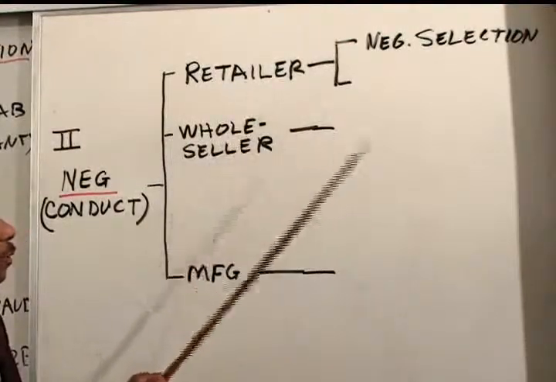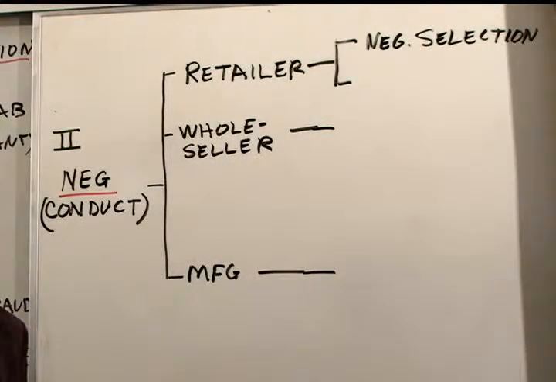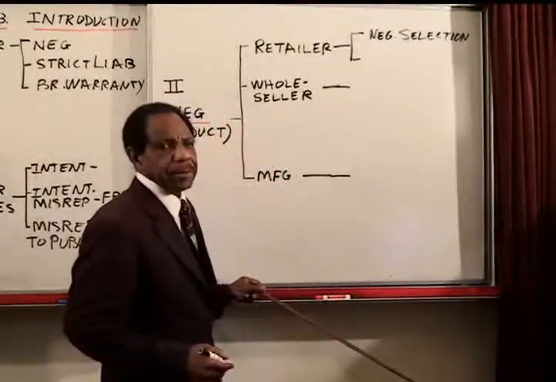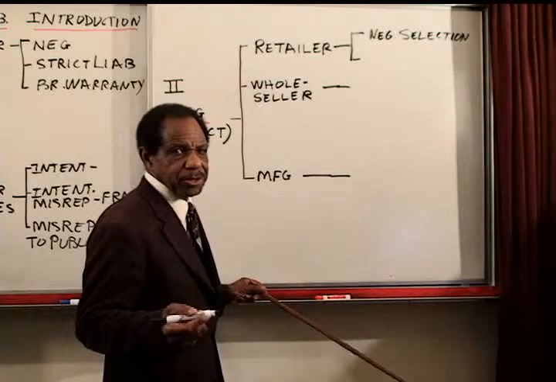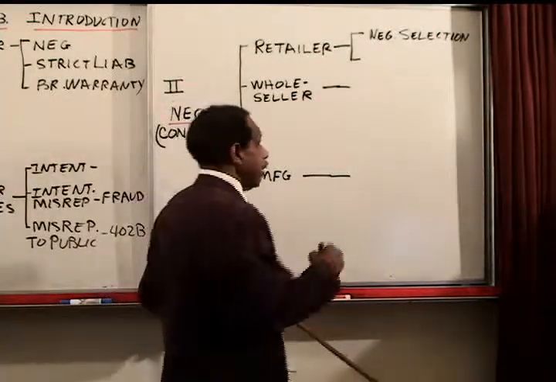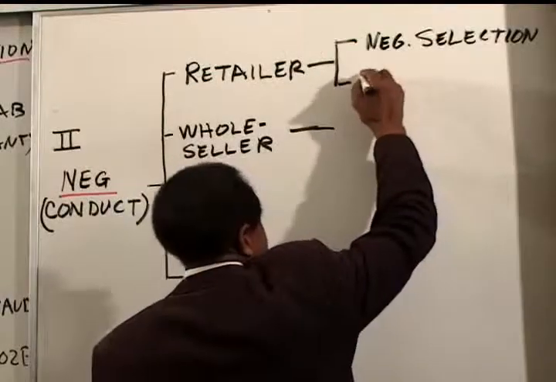The other way that the retailer can be negligent is failure to warn. That is to say, if the retailer already knows that this product may be dangerous because maybe someone else has been injured by it, and they don't warn you about it, that is another way that the retailer can be negligent.